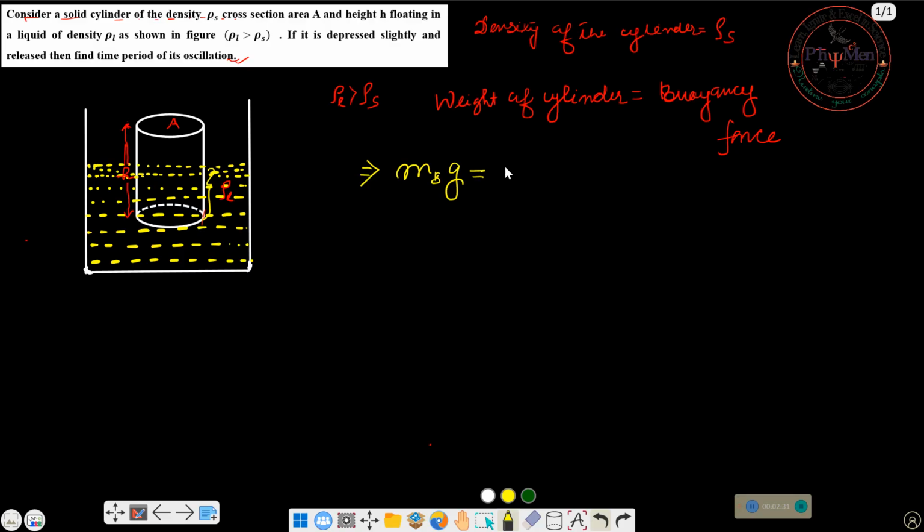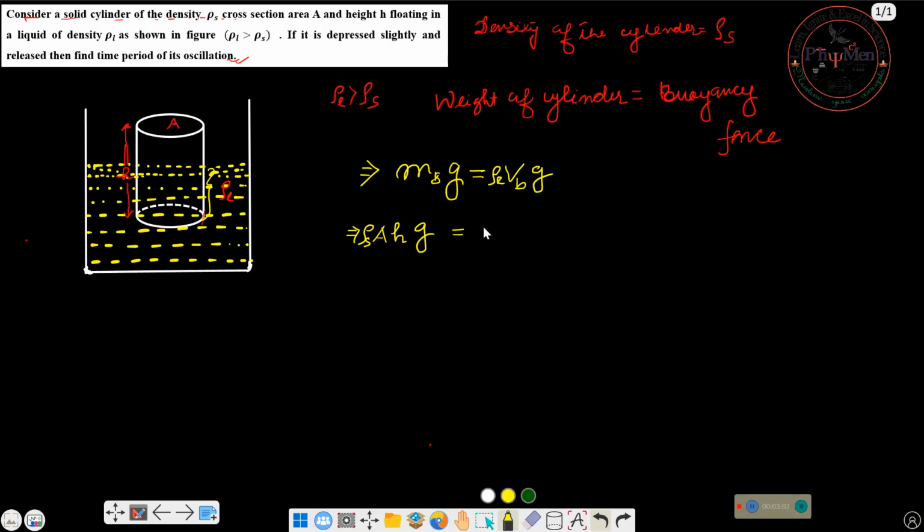The buoyancy force is the volume of the submerged portion of the body, times the density of the liquid, into g. Now we can write the mass of this cylinder as A into h into density of the cylinder rho s into g, since density into volume gives the mass.